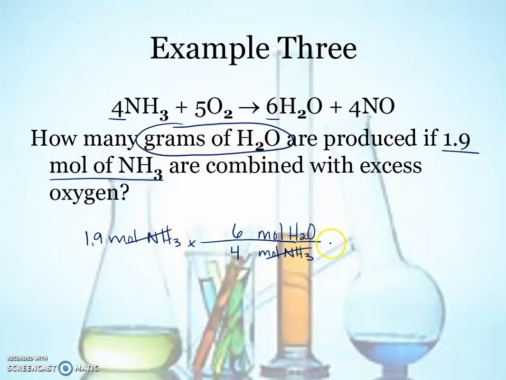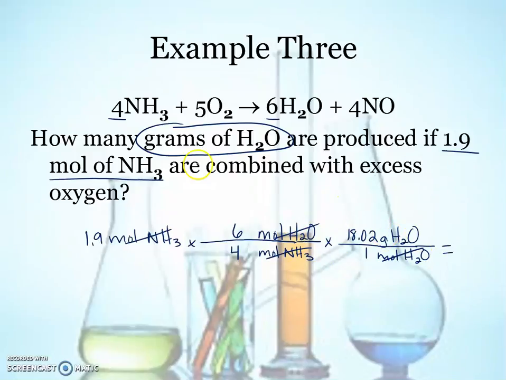We want grams. We got to keep going. All right, we need to get rid of moles of H2O. We want grams of H2O. Okay, this should be looking familiar. What number always goes in front of moles when we have it in a fraction like this? 1. And then grams of H2O, remember that's your molar mass, so it's going to be 18.02. Moles of H2O cancel.